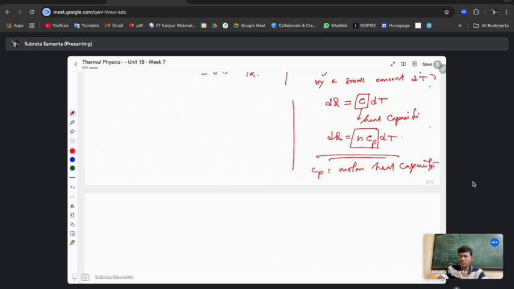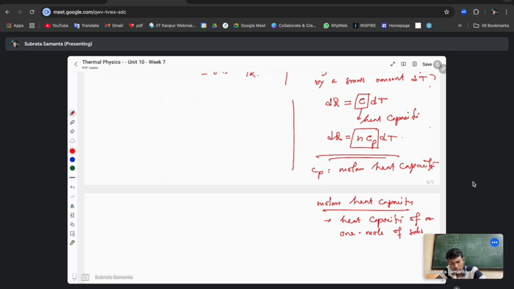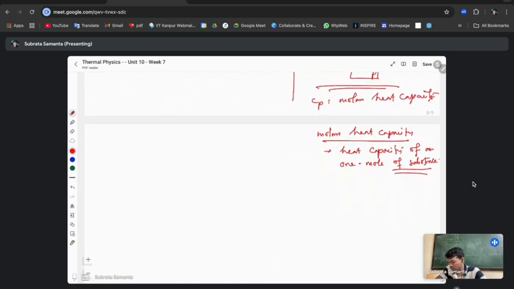So the molar heat capacity is basically the heat capacity of 1 mole of substance. And what is the specific heat capacity?